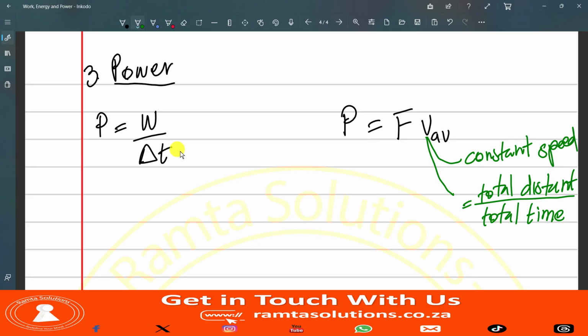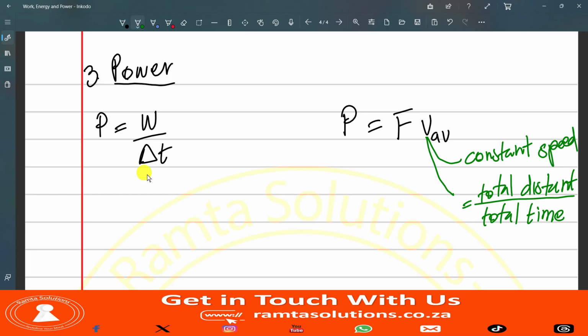Okay, so power equals work done per unit time. So if they say power of walking, you will need the work done to move. In other words, you will need the force that you need to move. Examples will be, what is the power of the engine? You will need to know the force of that engine.